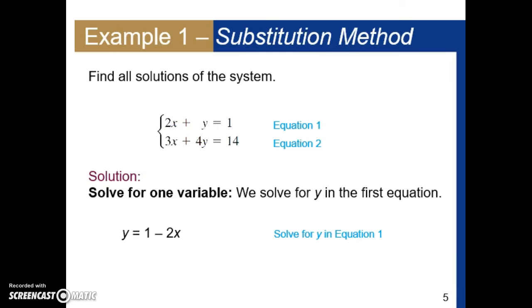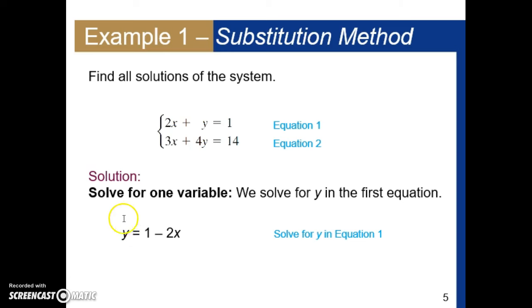So let's use 2x plus y equals 1 and 3x plus 4y equals 14. I'm going to take equation 1 and solve it for y. I'm going to put y completely in terms of x. All I had to do is subtract 2x from both sides. So now I have y equals 1 minus 2x. And remember, I've spent a lot of time talking about the power of this little symbol right here.